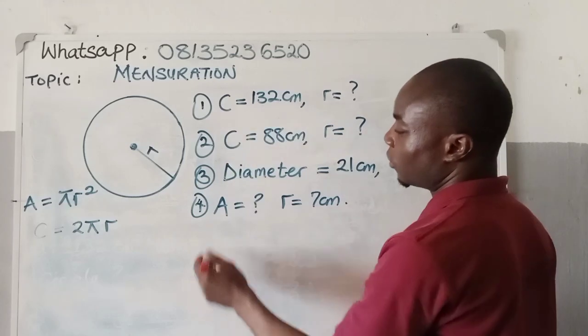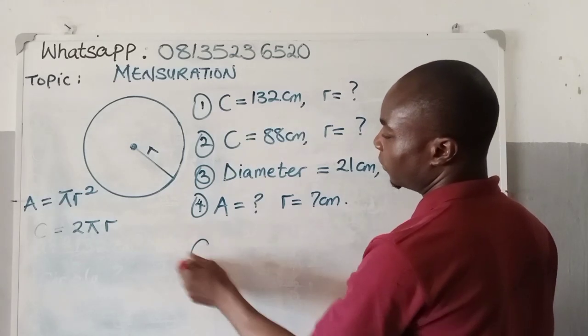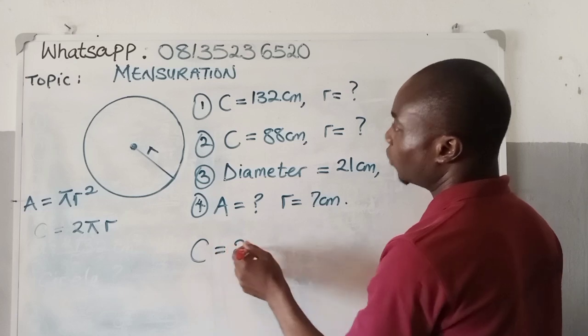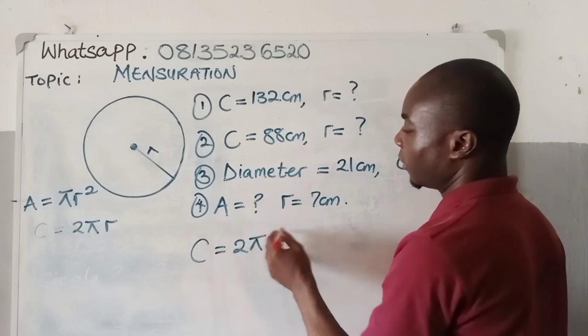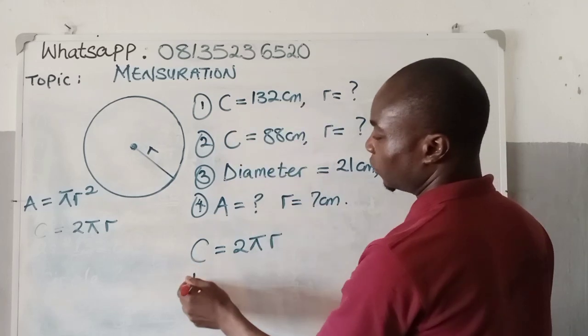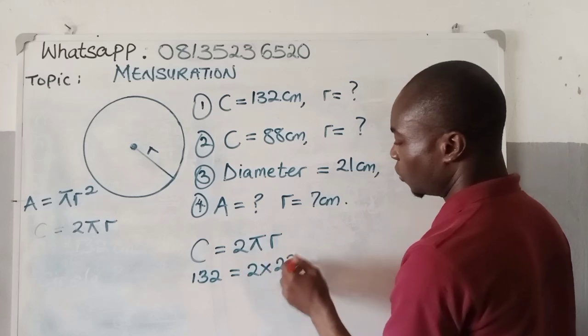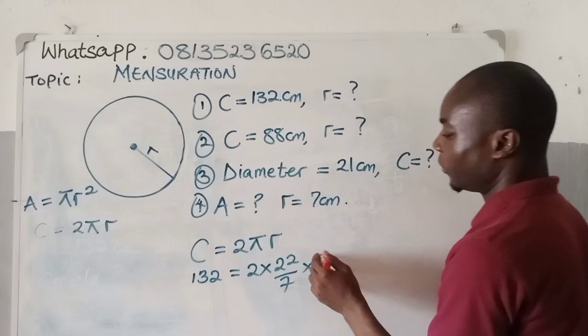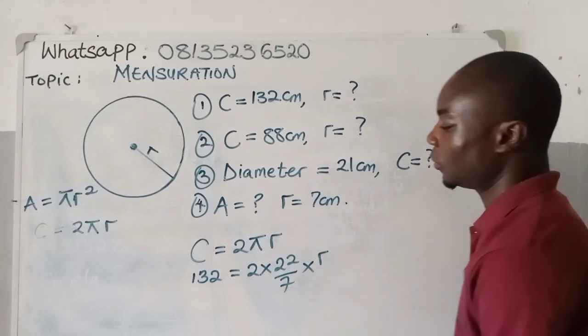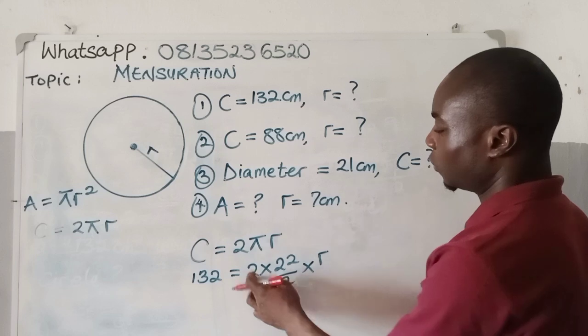The circumference is given as 132. So we'll say C is equal to 2 pi r. So our C is 132, which is equal to 2 times 22 over 7 times our radius that is unknown. All right. So we have 2 times 22.